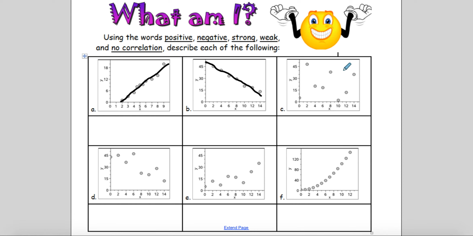This, I would say, is no correlation. This we could call a linear weak relationship, but it's negative. This might be a non-linear positive relationship, and I would say it's weak. It's not really following a trend. And finally, a strong non-linear relationship.